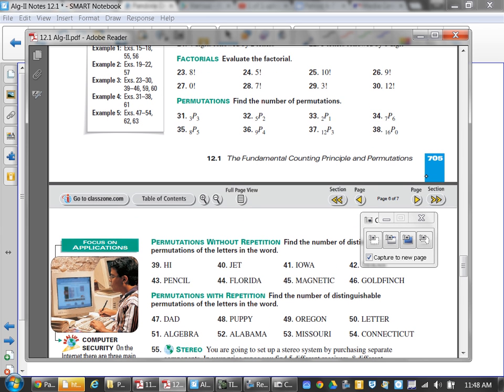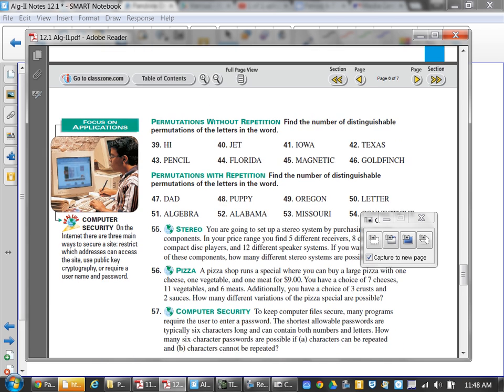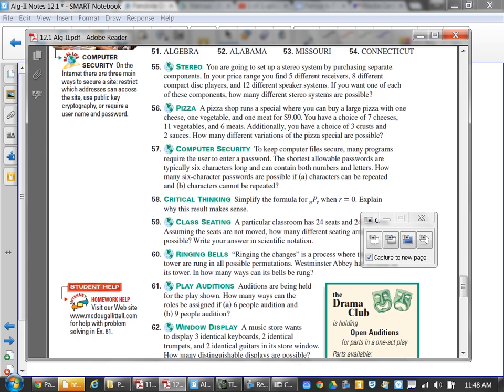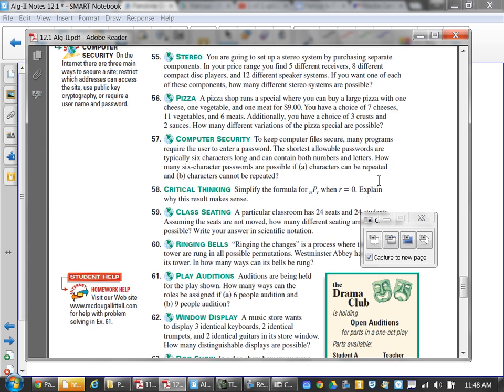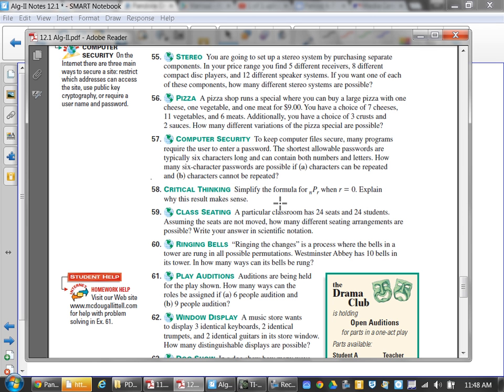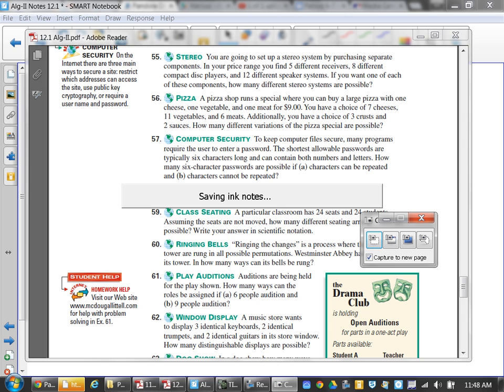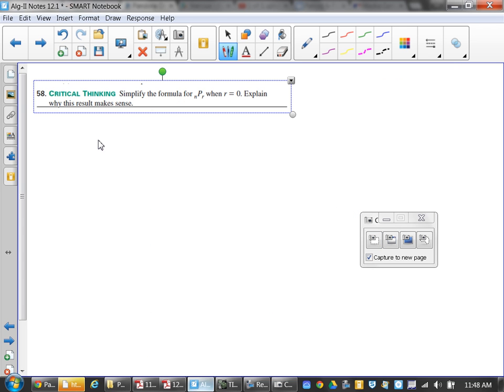Let me show you what happens with 38. This same problem comes up now in 58. The definition of n permute r is n factorial over n minus r factorial.